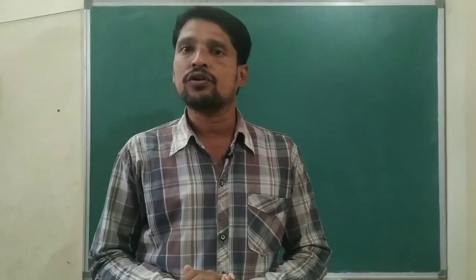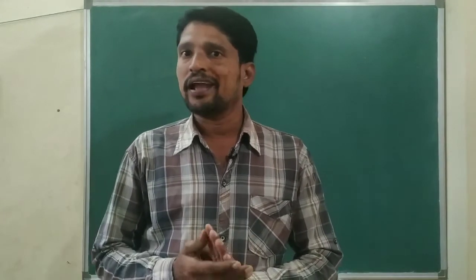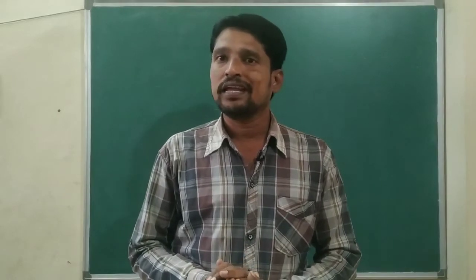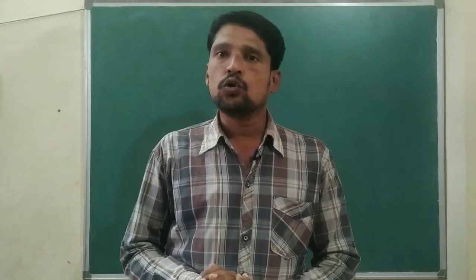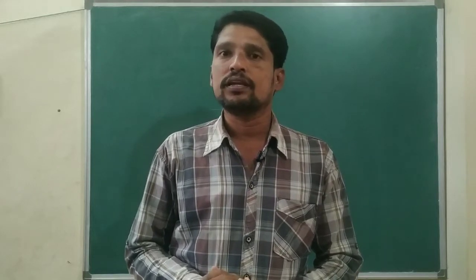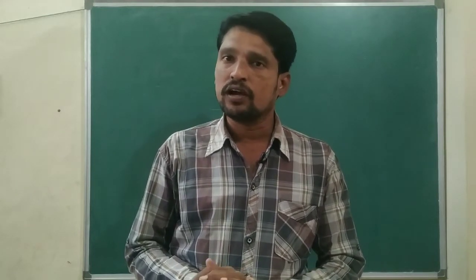In this session, we are going to discuss if x square plus y square equal 25xy, then show that 2 times of log x plus y equal 3 times of log 3 plus log x plus log y.